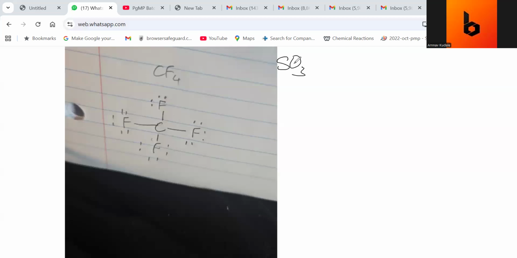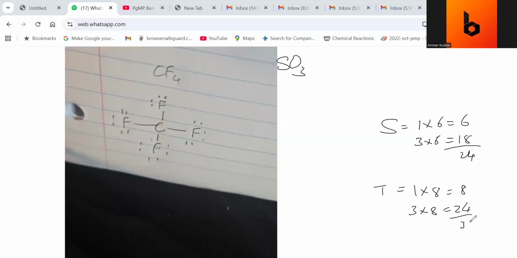It has 4 bonds, sir. Okay, done. T is 1 into 8, 3 into 8, which is 8, 24, 32. So again you got 8, so you might have drawn this structure, right?